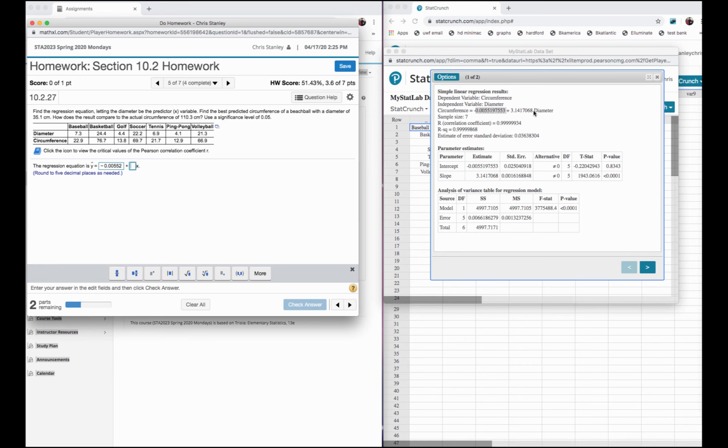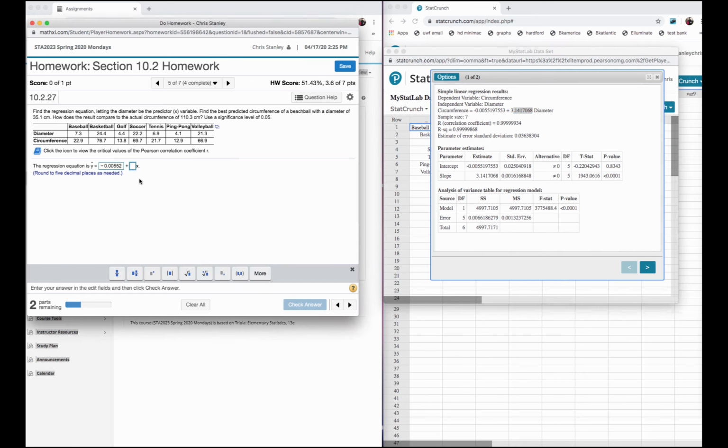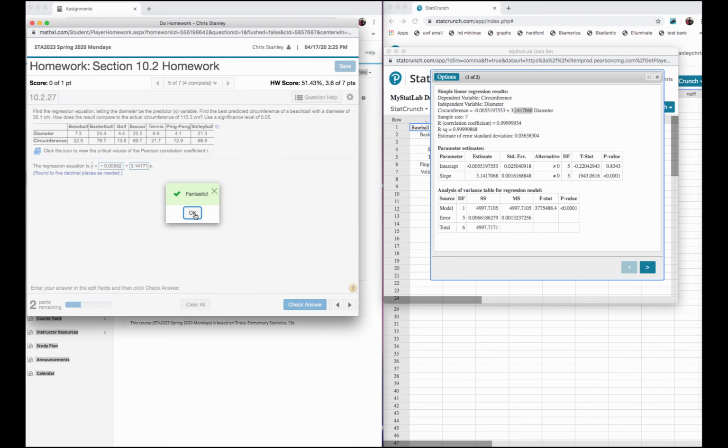Okay, 5 decimals here. Missing a 3 there. So 1, 2, 3, 4, 5. That 0 needs to go to a 1. And hopefully this is right. Good.